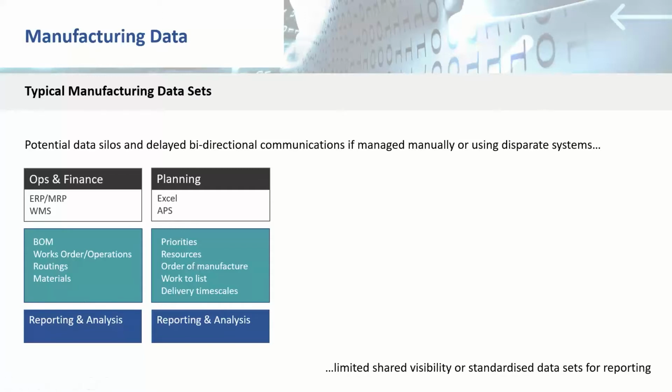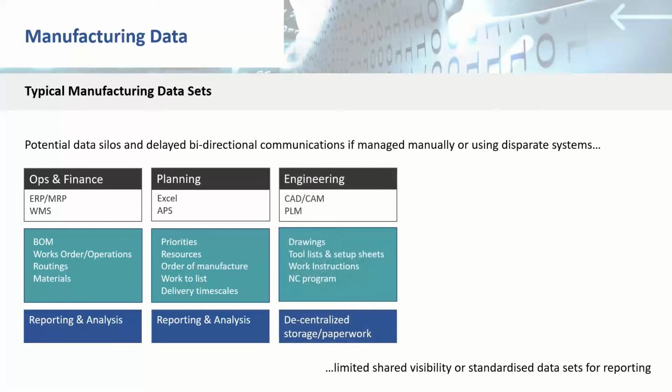You may already have a planning system. That APS, Advanced Planning System, may be an integrated part of, or module of, your ERP system. But here we're looking at prioritisation of work, the resources that we're going to do the work on, the order that we wish to manufacture it, ultimately delivering a work to list out to people that are manufacturing the part. Delivery timescales, either for customers or to meet a shipment onto a lorry at the end of the week or onto a ship maybe.